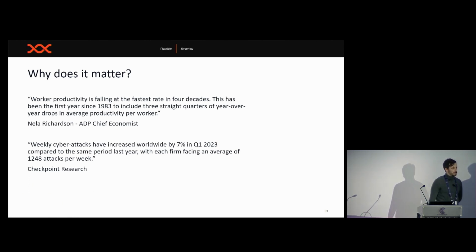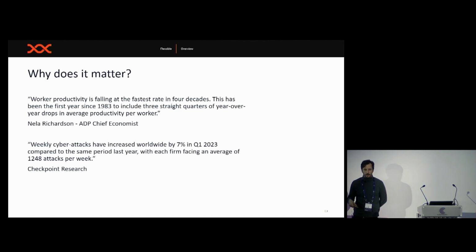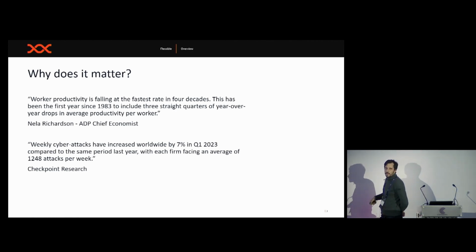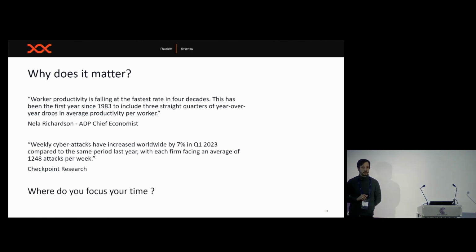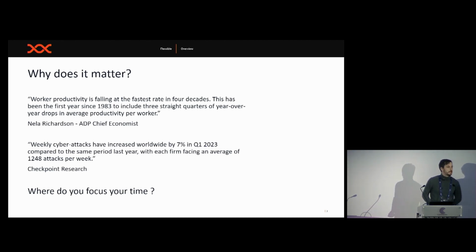That's massive. So you're supposed to defend against that while you've got a skill set shortage in IT operations, while the shortage is only going to get worse, and actually the attacks are getting more sophisticated. And that really begs a question, right? Where do we focus our time? What do you spend your time on from day to day?